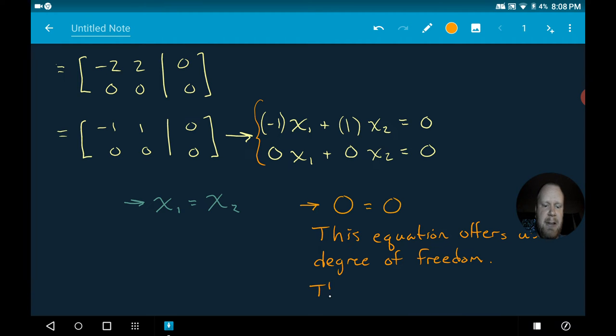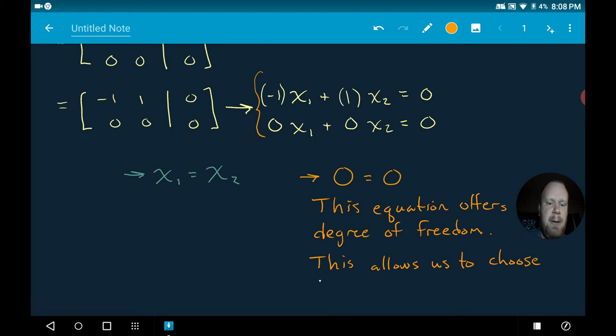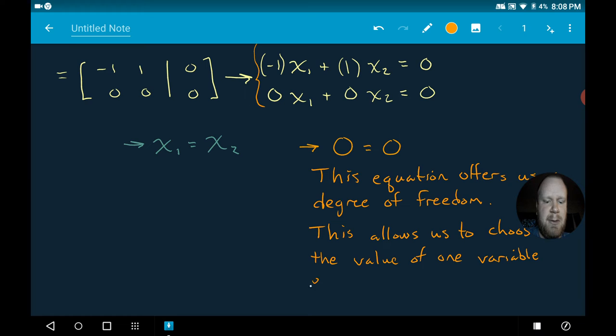So we'll say this allows us to choose the value of one variable, either x1 or x2.